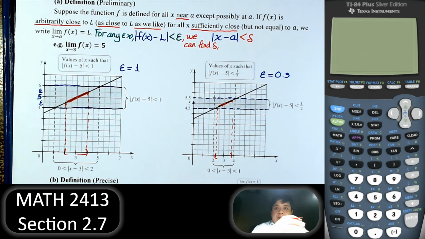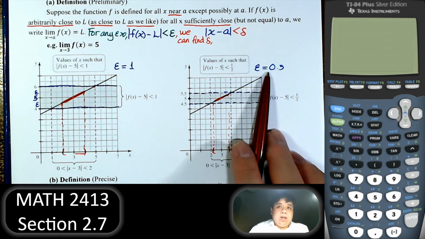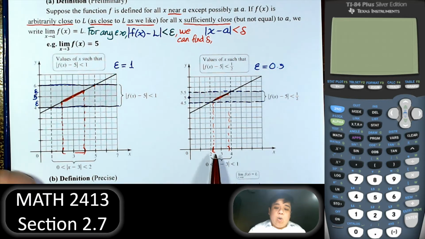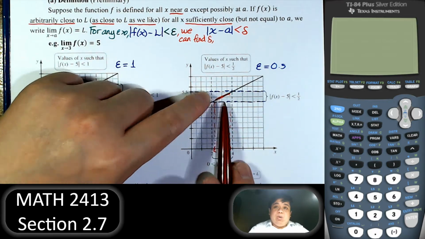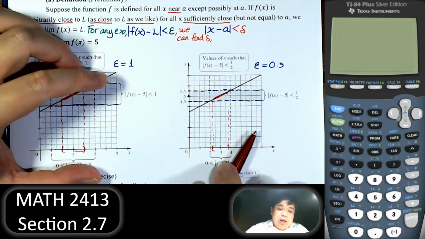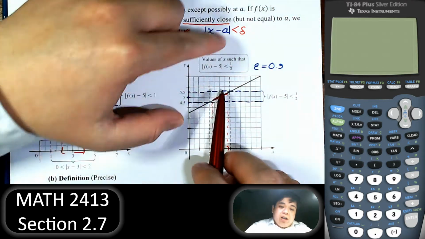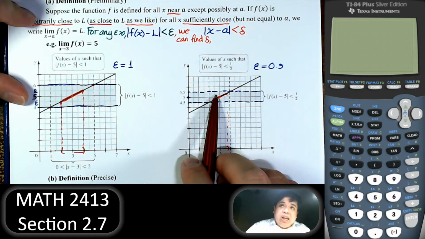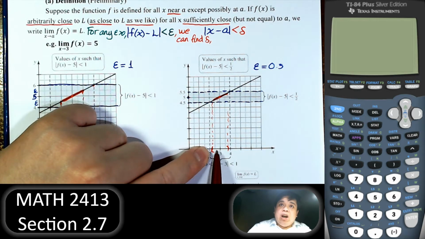So if this process can continue indefinitely, no matter how small you choose epsilon, I can always give you the interval where the y values are completely within that interval. Meaning that the function can be made arbitrarily close to the value if we choose x sufficiently close to the point.